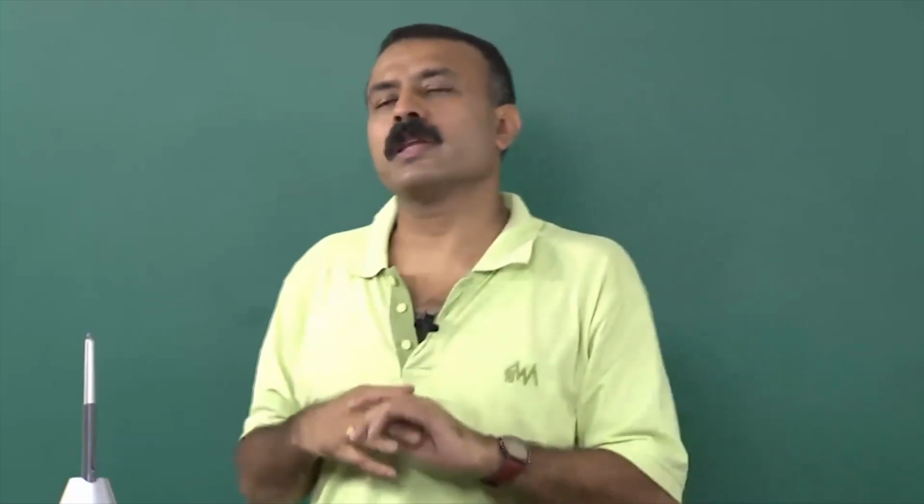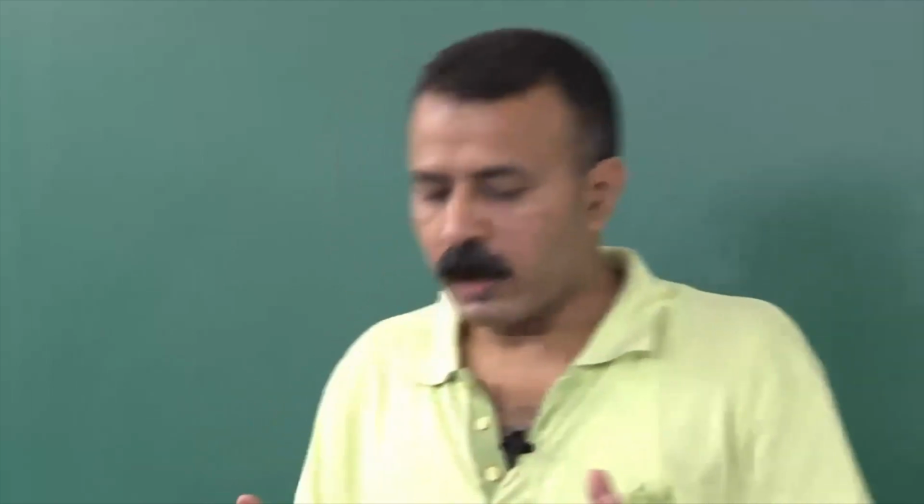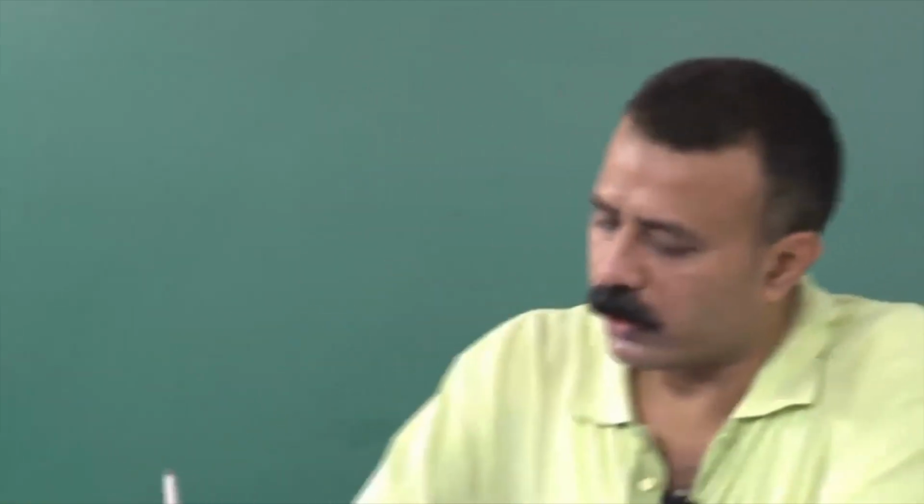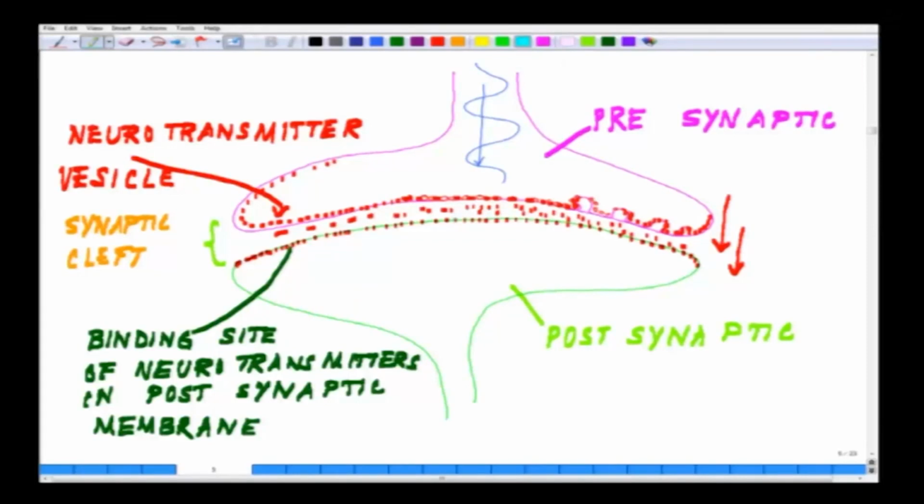After binding, they open up a series of channels here, which lead to the flux of sodium. If a sufficient amount of sodium gets in, it shoots another action potential like this.